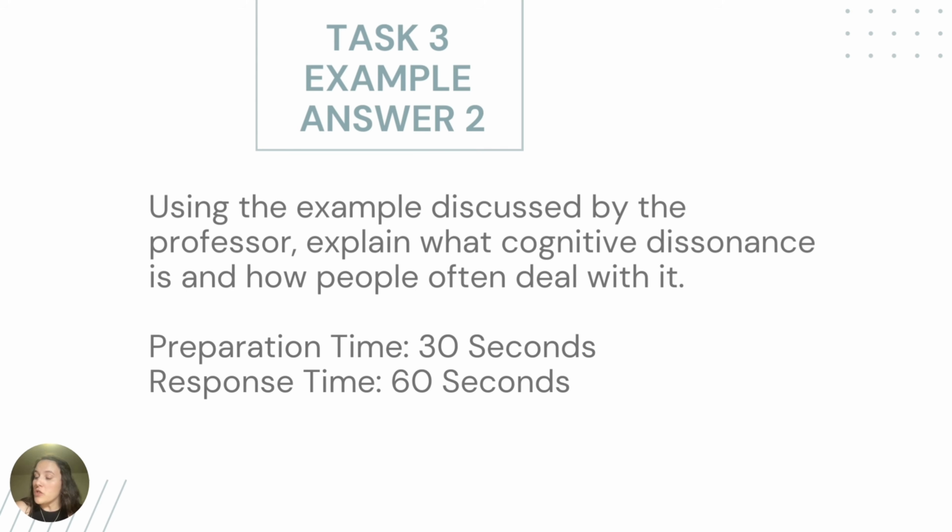The professor tells a story from his life that illustrates cognitive dissonance. He says that he used to play video games all the time, and he was not studying because he could not stop playing video games. He believed that in order to have a successful career, he needed to do well in school, but he just could not stop playing video games, and his grades were failing.